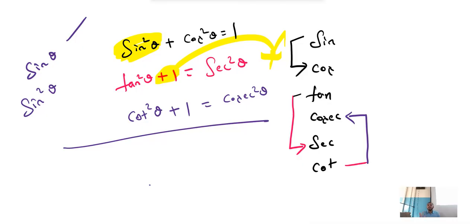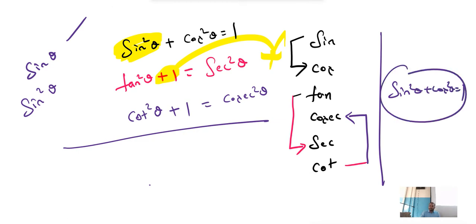Sin theta, trigonometric ratios, opposite by hypotenuse. If sin square theta is seen, separately put a working column right here. Sin square theta plus cos square theta is equals to 1. Use this identity. Based on this identity, apply it in the specific problem, then you will get the solution. Nothing else. You have to do it here.